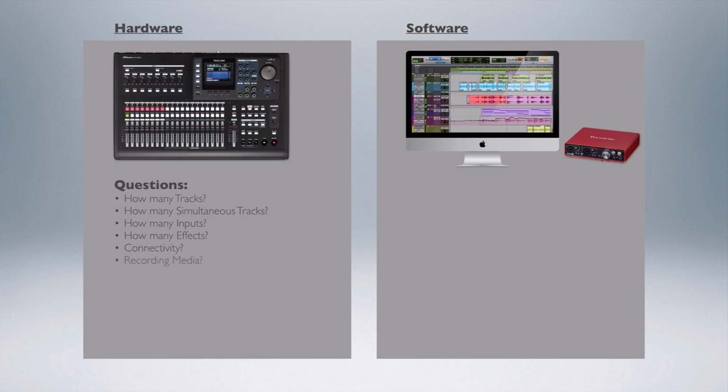Along those lines, in recording media, quite often the very early ones used to record on hard disks. And quite often they were proprietary hard disks or special hard disks that you could only really get from the manufacturer, and they'd void your warranty if you open up the box and all that kind of stuff. You don't want that.